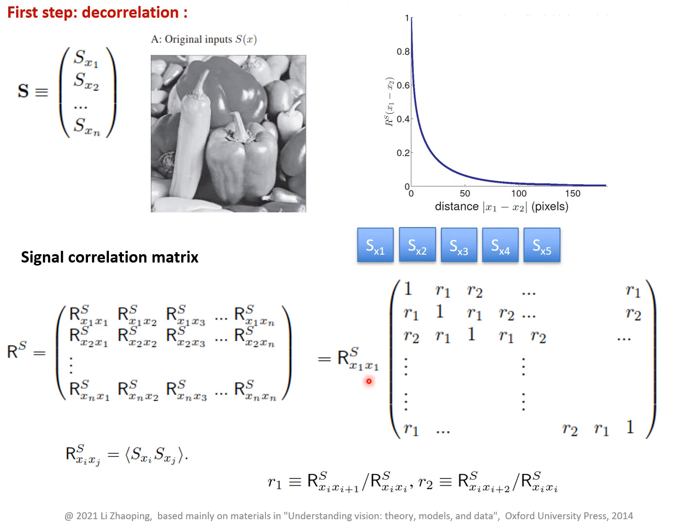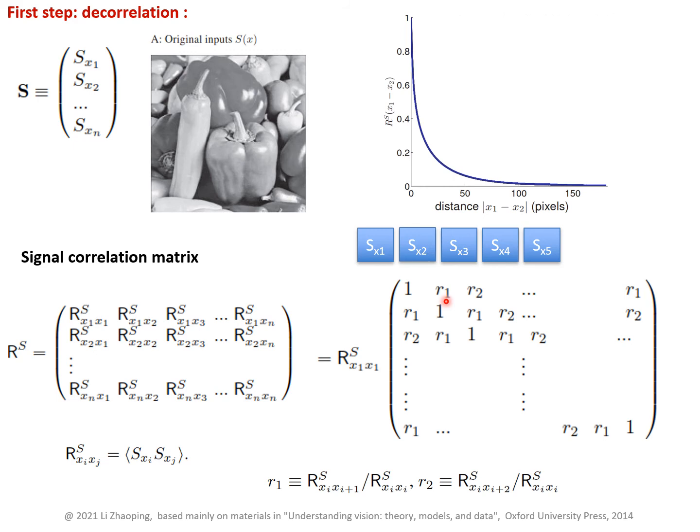Similarly, you have this R2. You can see that R1 must be less than 1, because the correlation decays with distance, and R2 should be less than R1, etc.